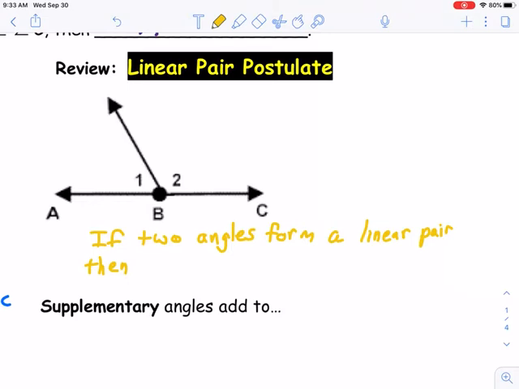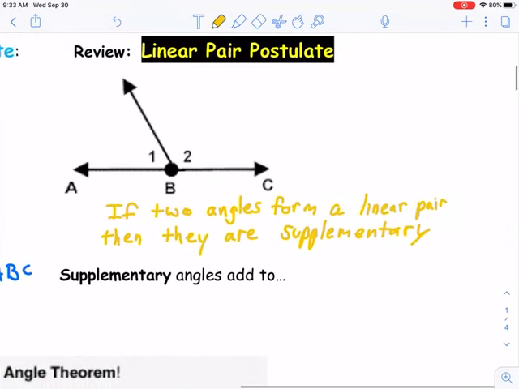They wrote, if 2 angles form a linear pair, then they are supplementary. And as we progress through two-column proofs, you'll see why I hate the linear pair postulate. I think it's a little too redundant.